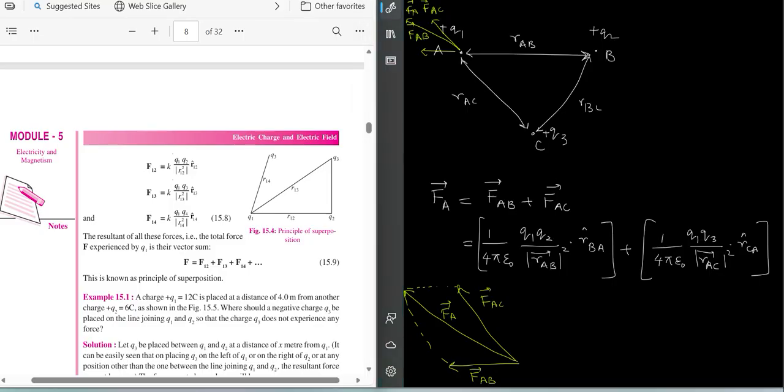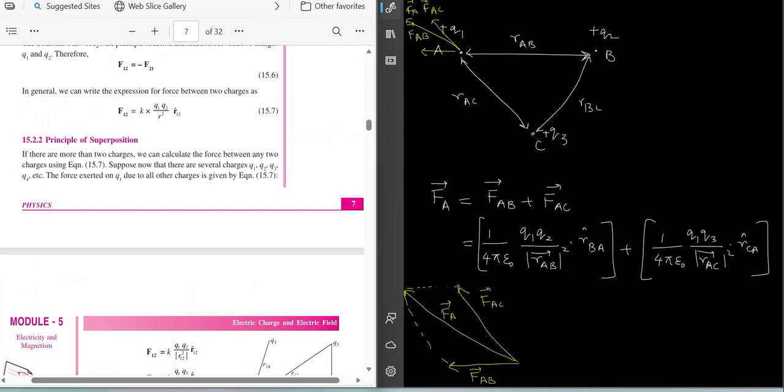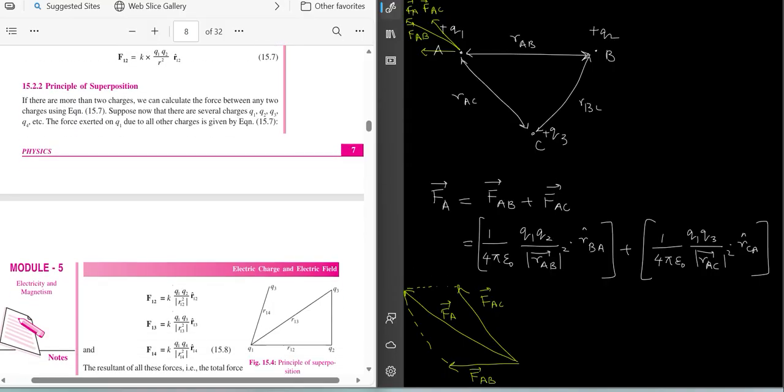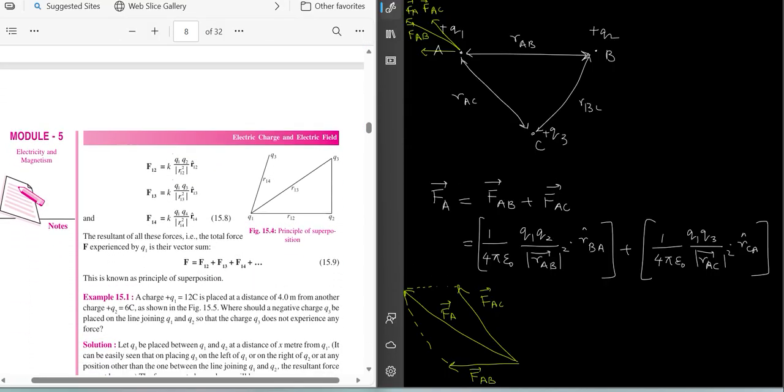So let's read the part of the text. If there are more than two charges, calculate the force between any two charges using Coulomb's law, and then force exerted on a particular charge, let us say Q1, due to all other charges is nothing but vector addition. This is known as the principle of superposition.